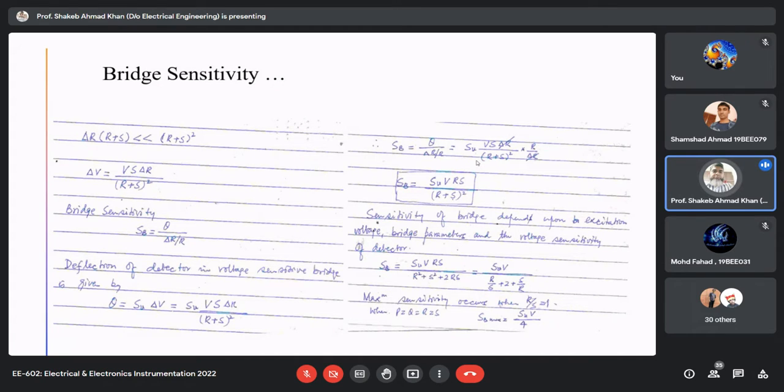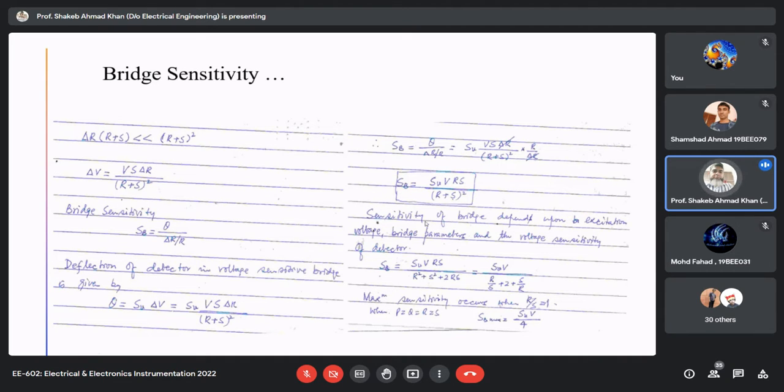So before implementation, this expression is telling you what are the different parameters on which the sensitivity of the bridge depends. You understanding what I'm saying? And then manipulating these values, you can calculate the sensitivity even before implementation.